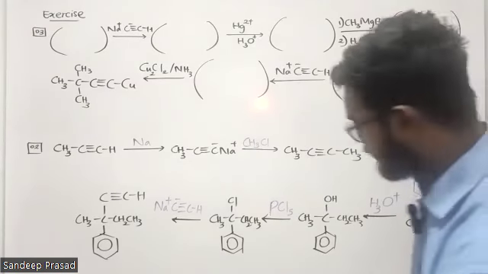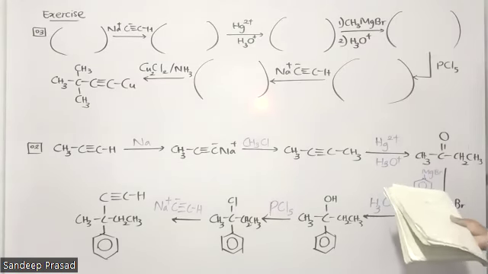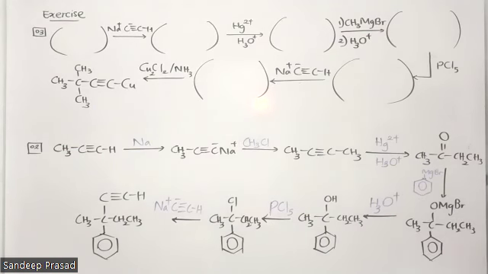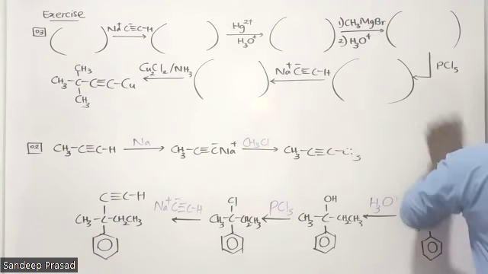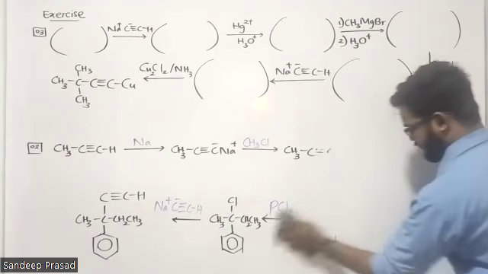Complete the third one quickly. So shall I erase the second one? Students, shall I erase the second one? Do you need time? Okay. So if you need more time, tell me, right?